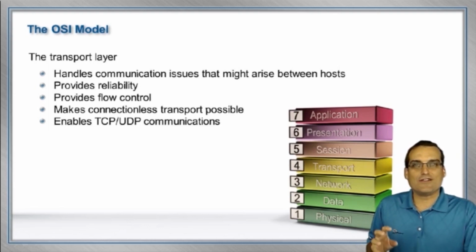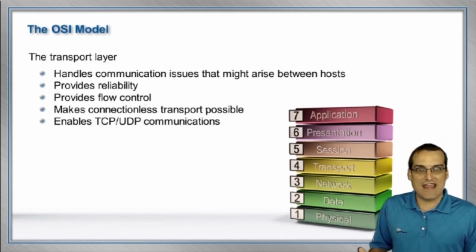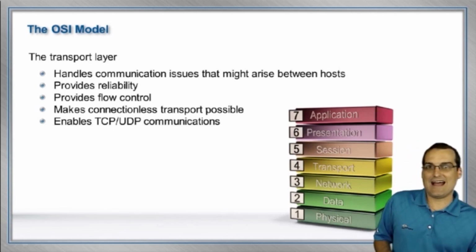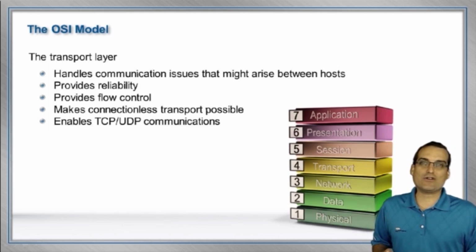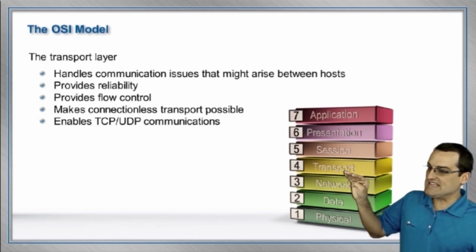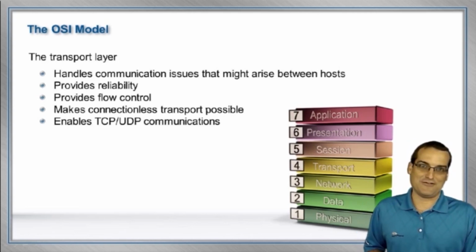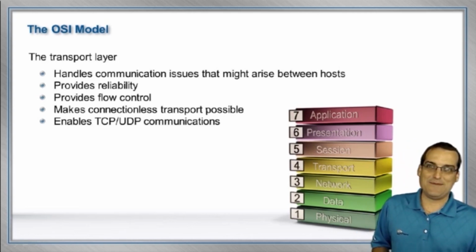Most applications want the reliability, and that's why our TCP/IP protocol suite got the name of TCP and IP. There's lots of other protocols that make up the suite, but those are so popular, IP at the network layer and TCP at the transport layer, that the protocol suite was named after them, TCP/IP.